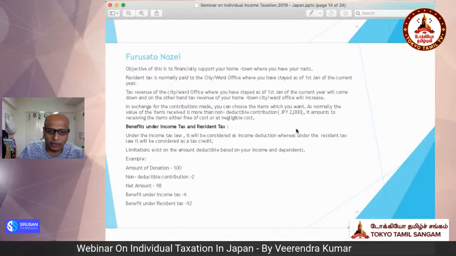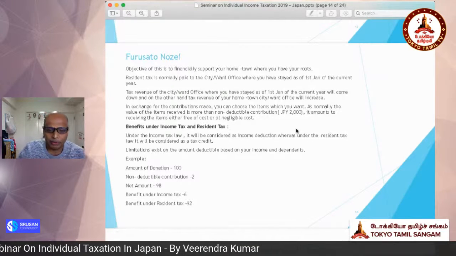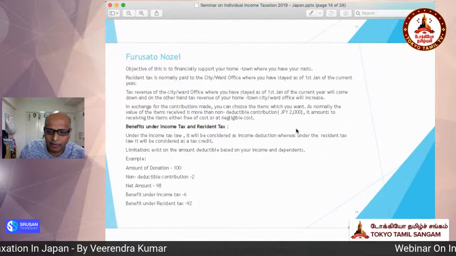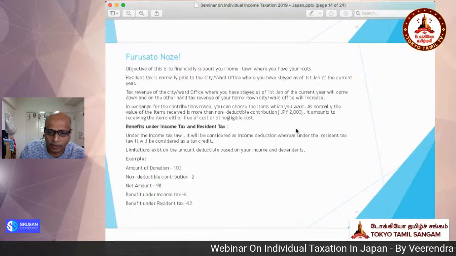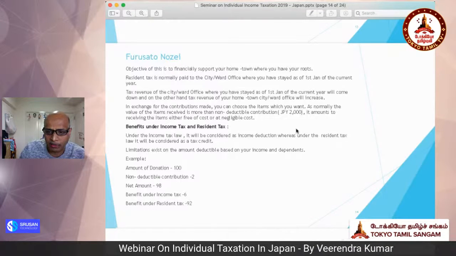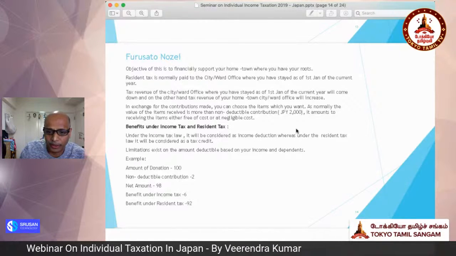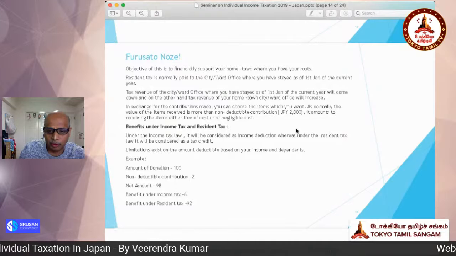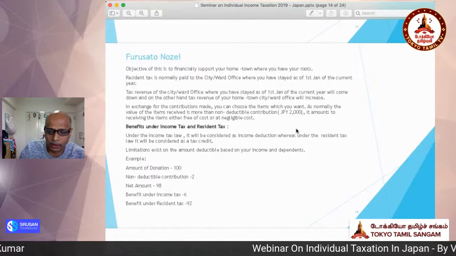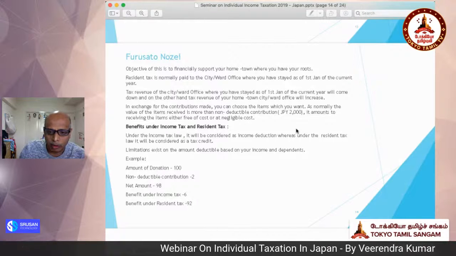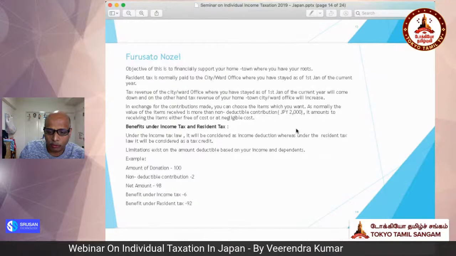If you see the logic here, under the income tax law it will be considered as a donation and will be eligible for deduction. However, under the resident tax law, it will be considered as a tax credit. So basically, if you are staying in one ward office as of 1st January 2020, normally you pay the resident tax to that ward office.